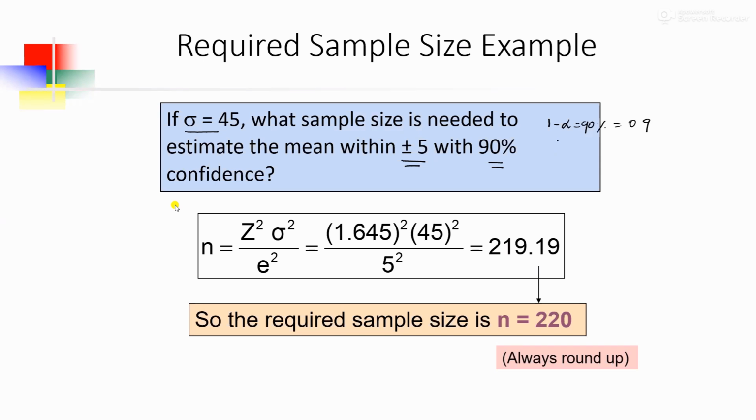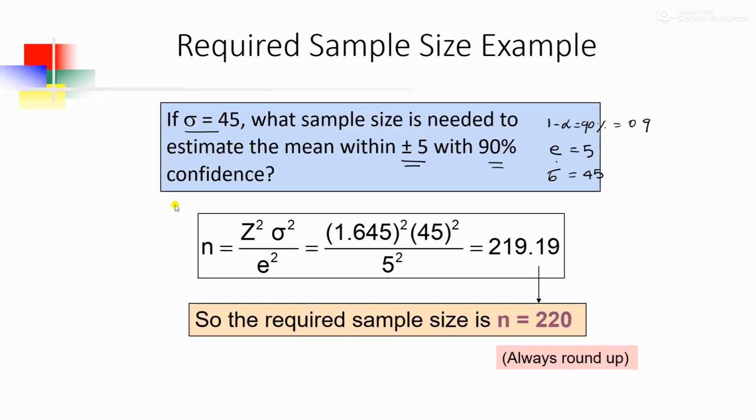And we need the margin of error E. They said we have to estimate the mean within plus or minus 5, so the margin of error is 5. And also we need sigma, which is equal to 45.